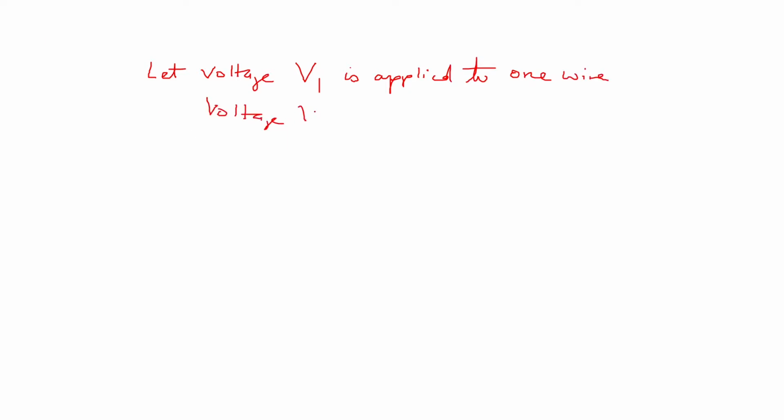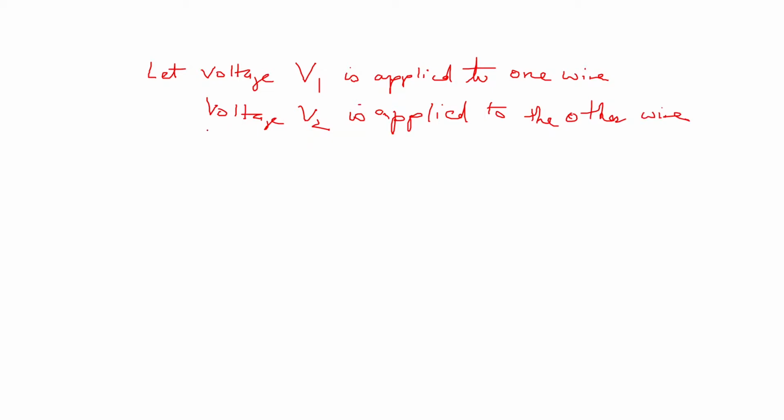So in that we can show how this noise gets cancelled because of twisting. Clear? So let voltage V1 be applied to one wire, and let voltage V2 be applied to the other wire.